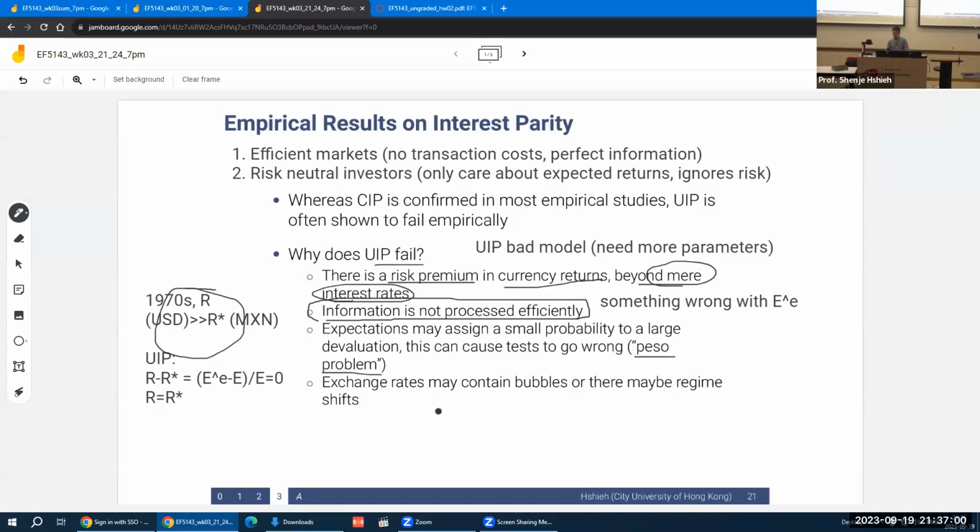Lastly, exchange rates may contain bubbles or there may be regime shifts, meaning people intentionally devaluing the currency and screwing things up. Again, that just means there's a problem with E hat E.